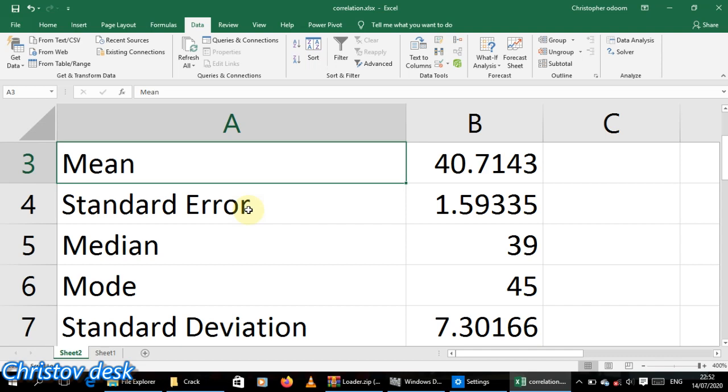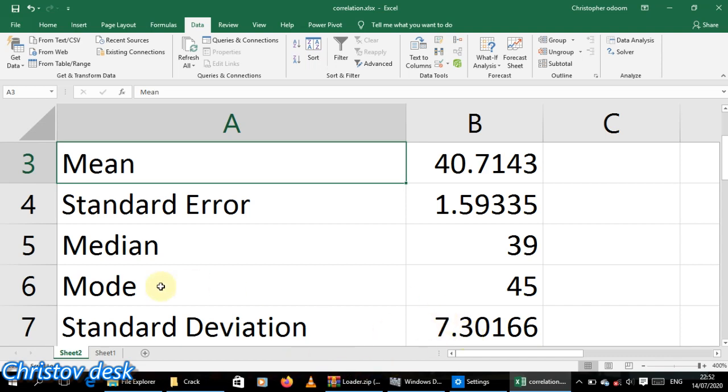That variation is the standard error. But the standard deviation looks at the whole data and its mean, and sees how each data point varies from the mean; we take the square root, and that is the standard deviation.